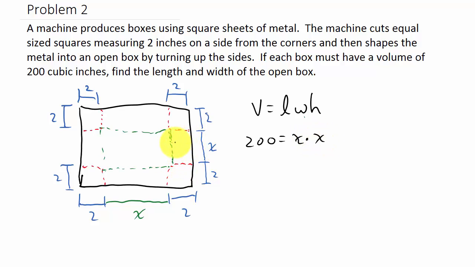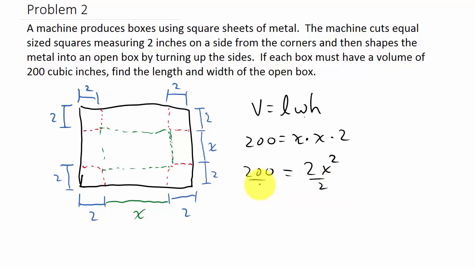Well, if this is getting folded up, it's coming up from here to here. The height is 2, so times 2. So we get 200 equals 2x squared. And now we just solve.